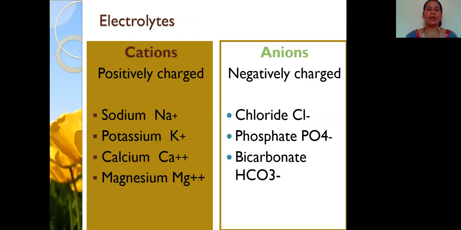Electrolytes can be divided into cations and anions. Cations are the positively charged electrolytes. Sodium, potassium, calcium, and magnesium fall under this category, and anions are the negatively charged electrolytes. Chloride, phosphate, and bicarbonate, that is HCO3, fall under this category.